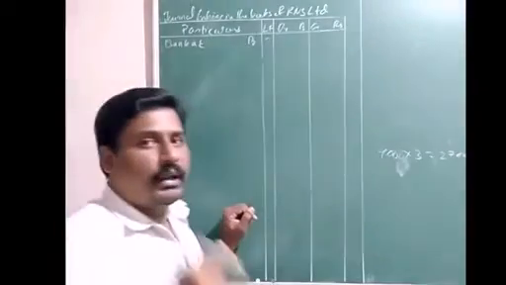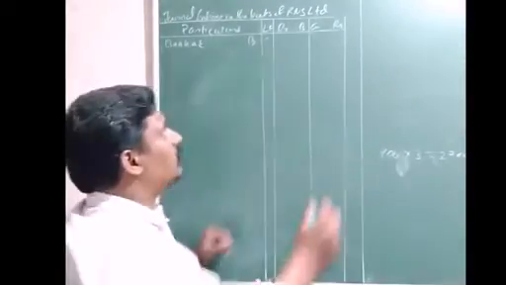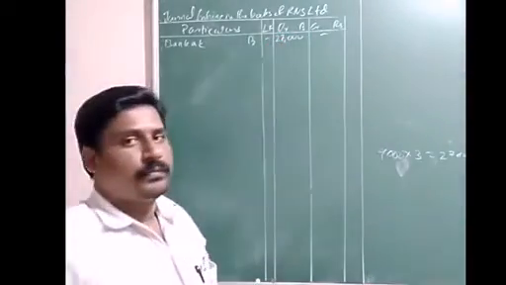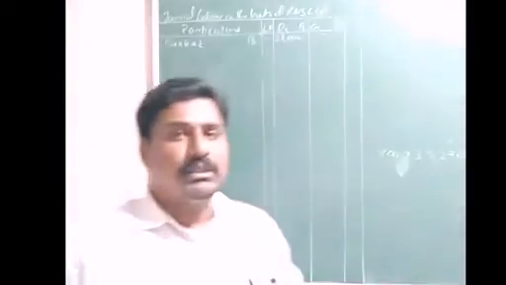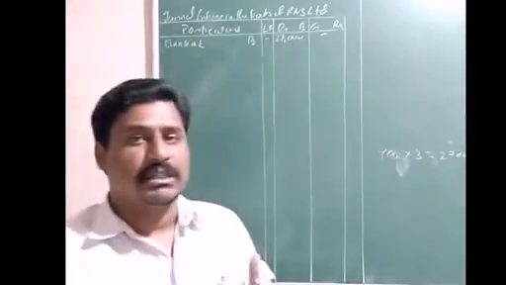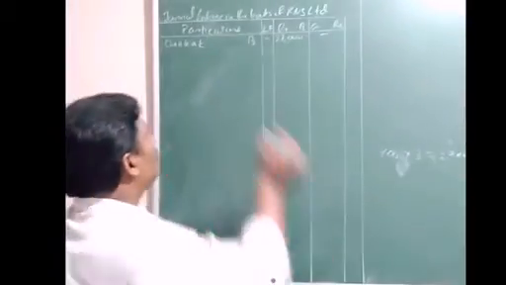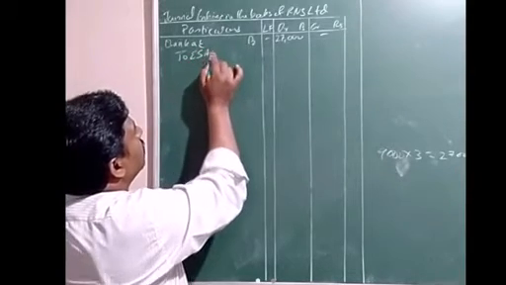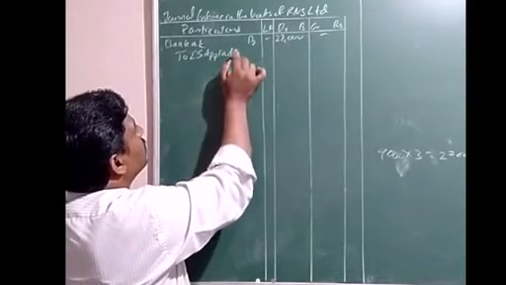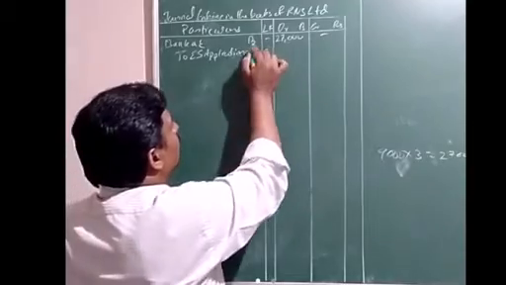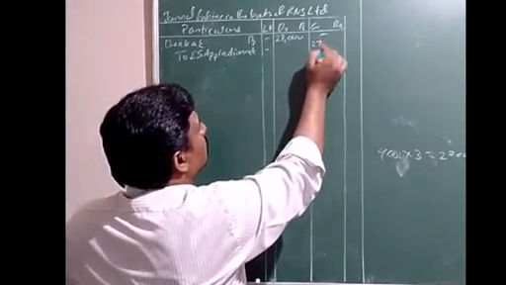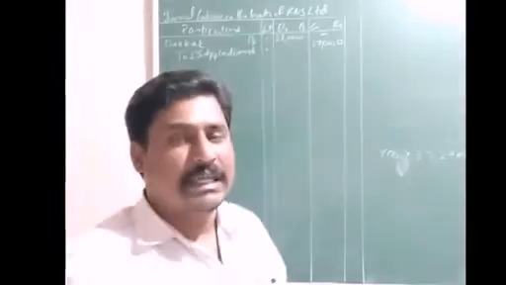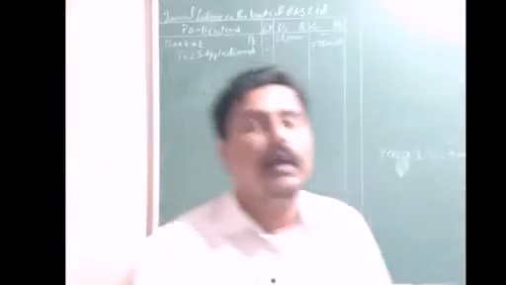So in our bank 27,000 rupees came, which we collected as share application money. So credit to equity share application account, credit rupees 27,000.